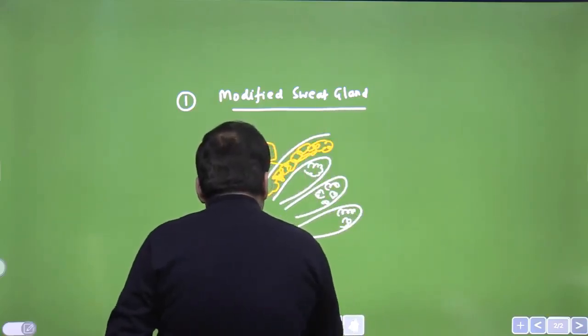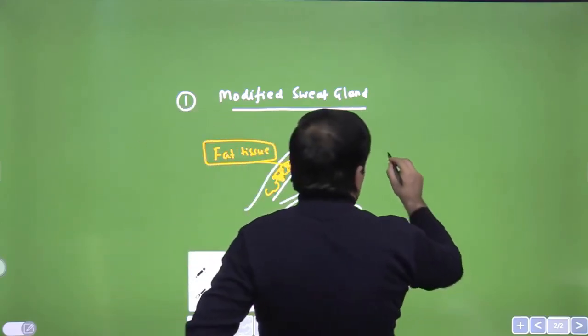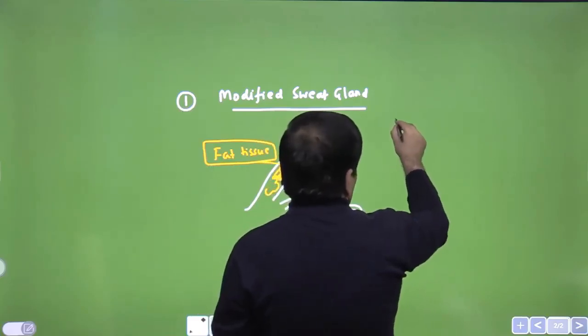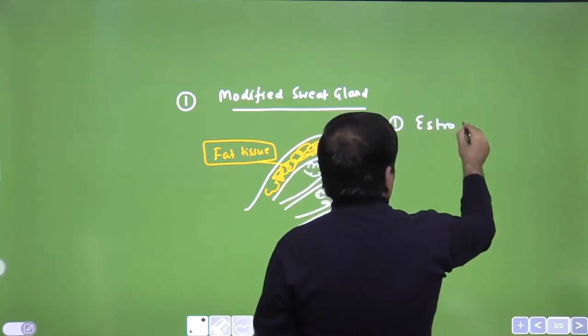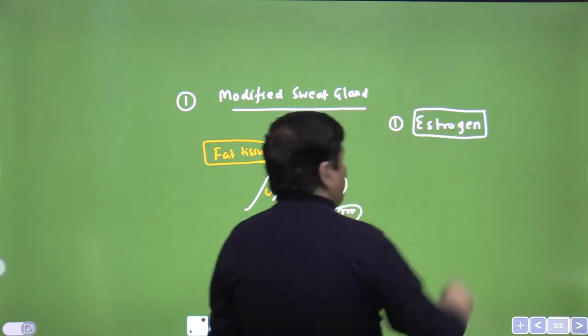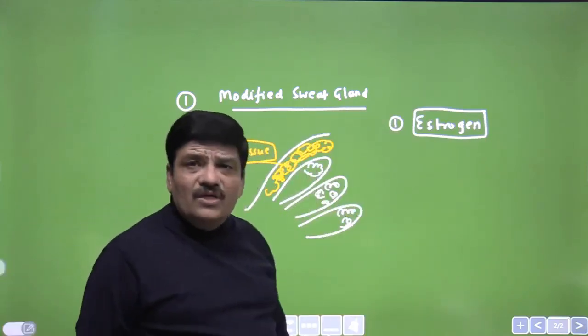As I told you, this is one of the secondary sexual characters in the female. So the enlargement of the breast tissue, which is considered a secondary sexual character, this would be basically estrogen. So we already know that estrogen is responsible for the development of breast tissue. So deposition of fat, the enlargement of the organ, this would be because of estrogen.